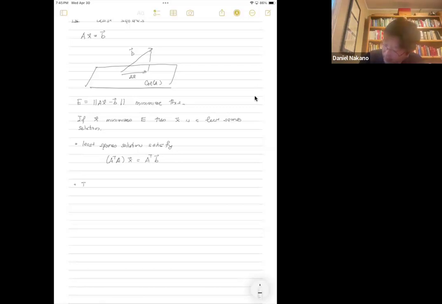So if A has linearly independent columns, then the least squares solution is unique, and you can write it as (A transpose A) inverse A transpose B. So this is unique now.